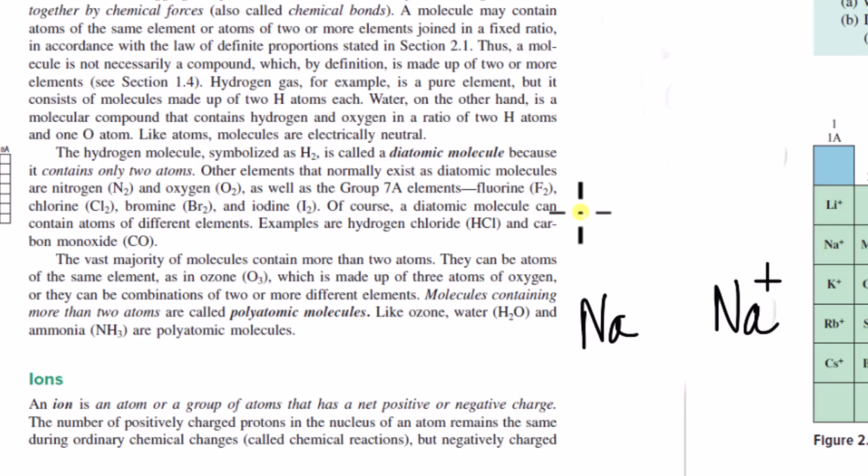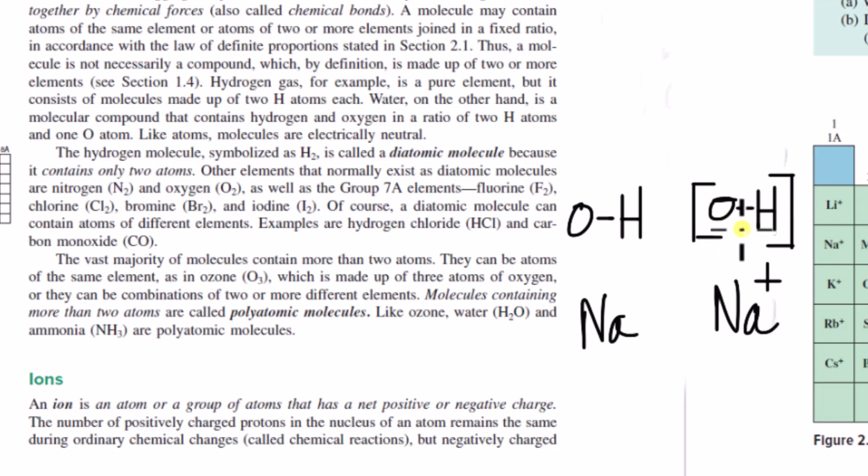If you started off with a neutral OH bonded together, and now you create an ion, you still have an oxygen and an H element bonded together, but now it's an ion.